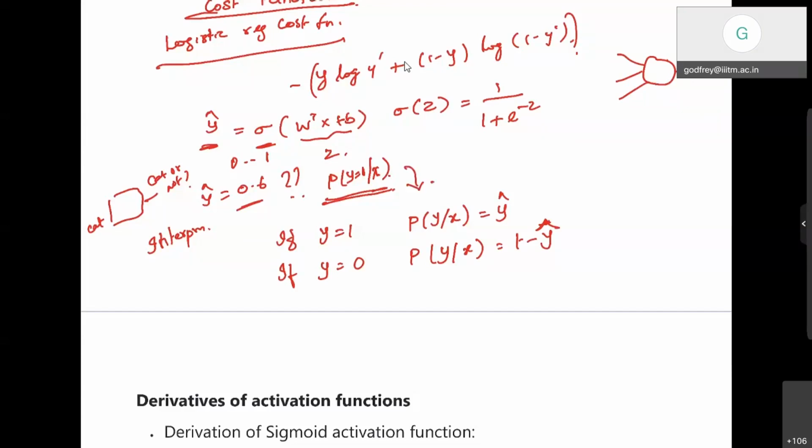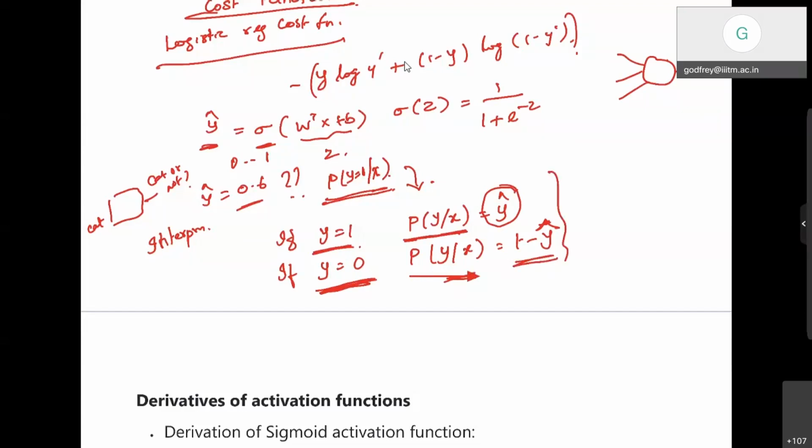If y equal to 1, if the original output is a cat, then the probability that you obtain gives you the probability that it is a cat. If the original output is not a cat, then the probability that you obtain is to be subtracted from 1 in order to get the probability that it is not a cat. I think it's clear, right?